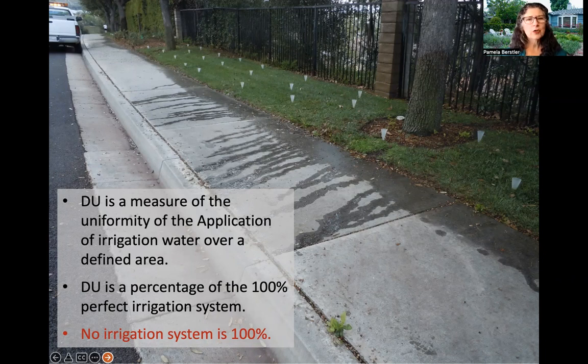It is the measure of the uniformity of the application of irrigation water over a defined area. It is the percentage of the 100% perfect irrigation system. And of course, no irrigation system is perfect. So the objective of doing these is to go out to a site, turn on the sprinkler system, and find out how efficiently that irrigation system is working.